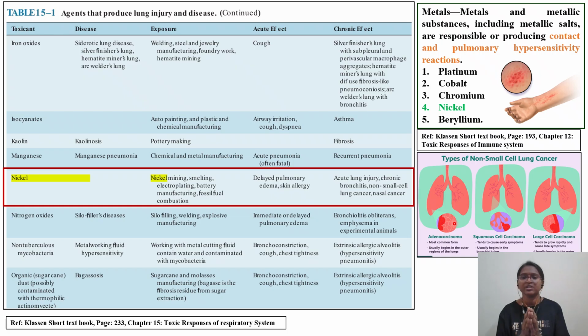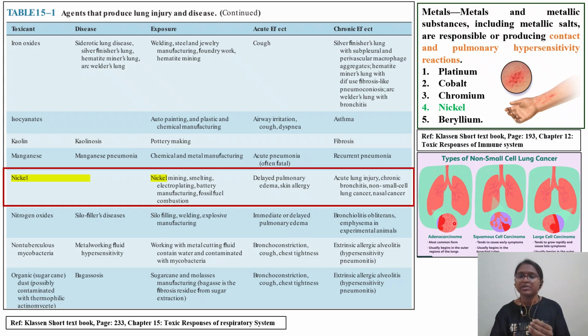In the last 2 years, 2024 or 25, a lot of drugs have been approved by the FDA for non-small cell cancer treatment. So read about the latest 2024 or 25 drugs approved by the FDA for the treatment of non-small cell lung cancer.